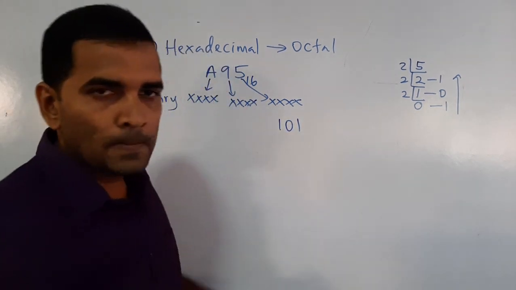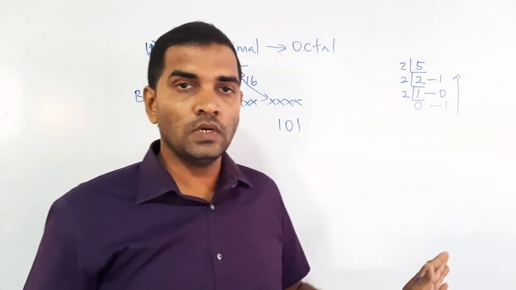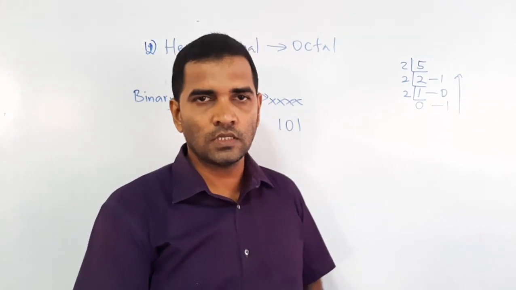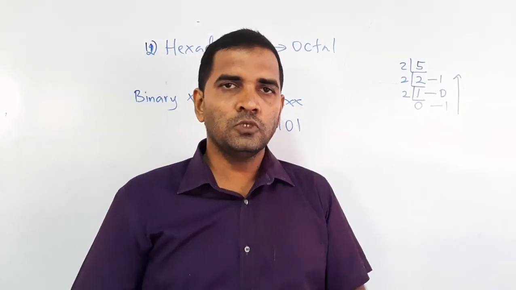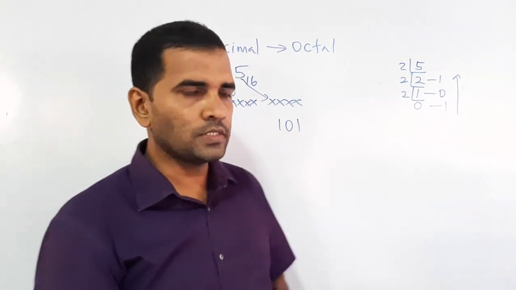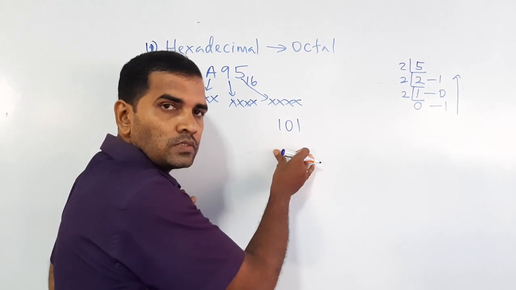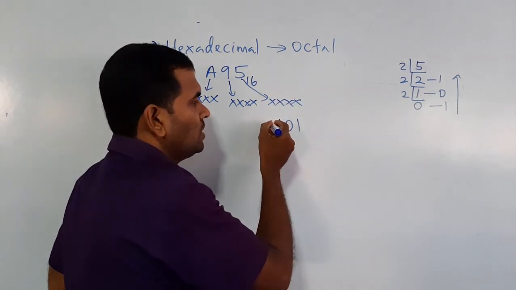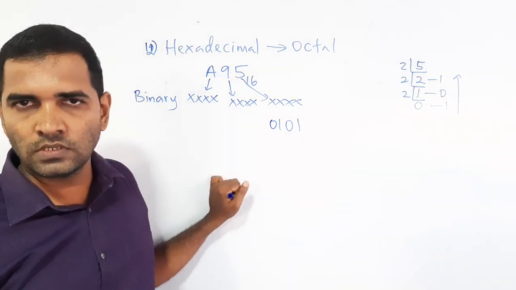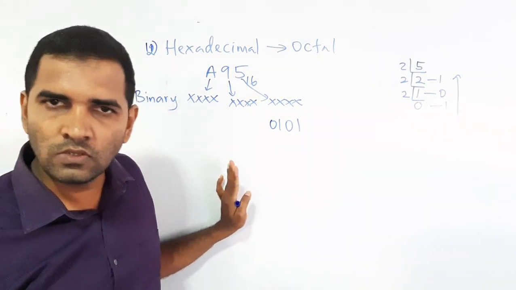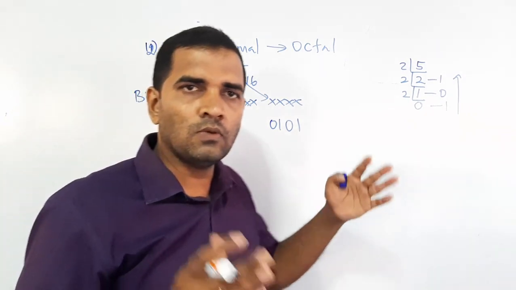But here you have to have 4 binary digits, otherwise you cannot represent a hexadecimal digit. How many digits do you have now? You have only 3 digits. So we must make them 4. Put a 0 in front. Now the value is not changed, but we managed to keep that particular relationship.